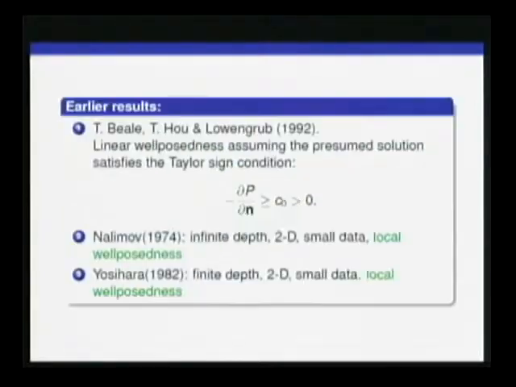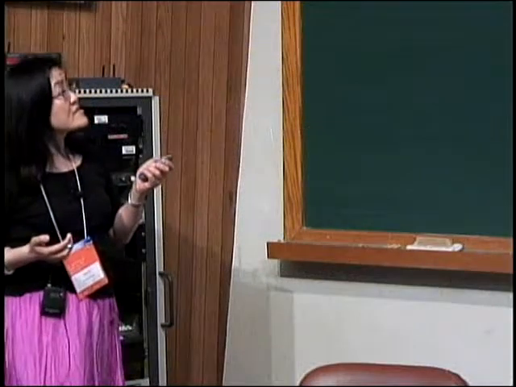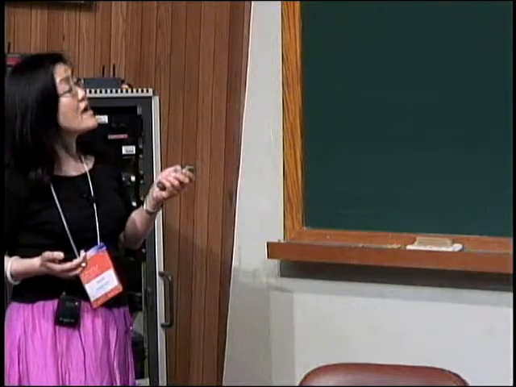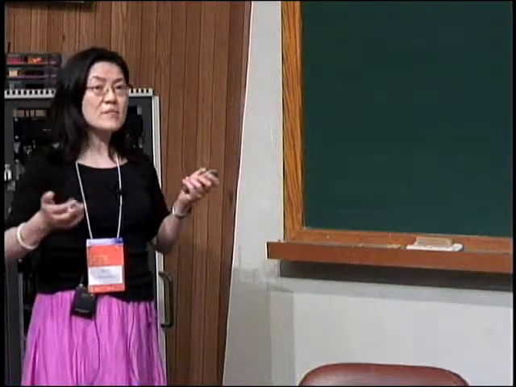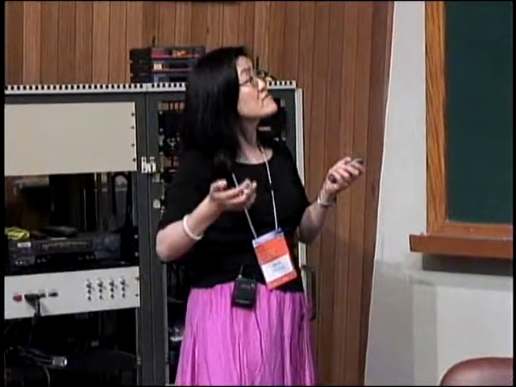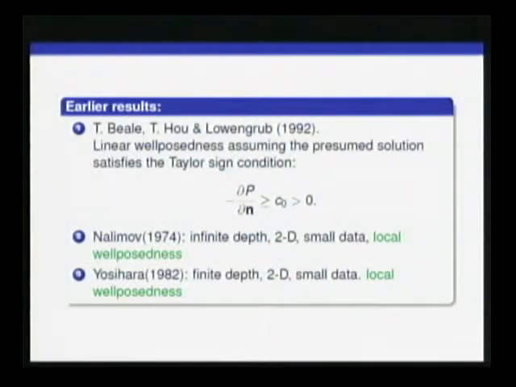This condition also has some historical results proposed much earlier, in the work of Tom Beale, Tom Hou, and Lowengrub, and this is where the importance of this condition came to everybody's mind. They showed that if you have a solution which satisfies this Taylor sign condition, and you linearize the equation about this solution, then you have linear well-posedness.